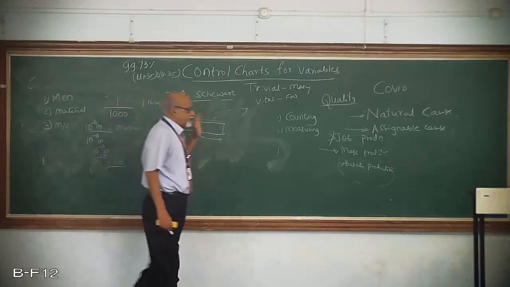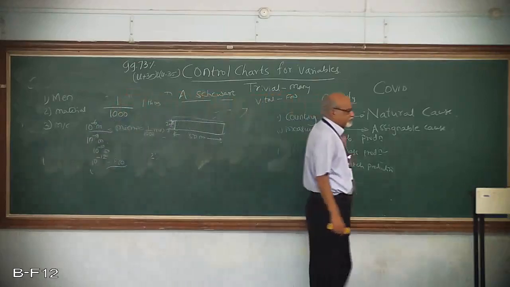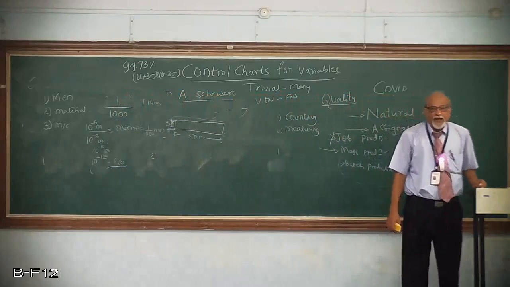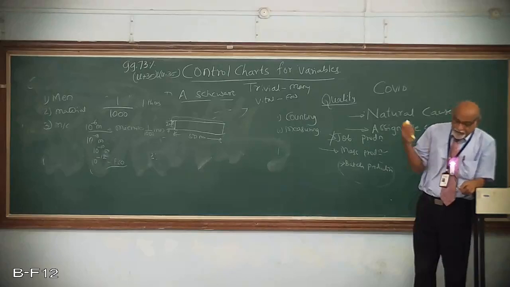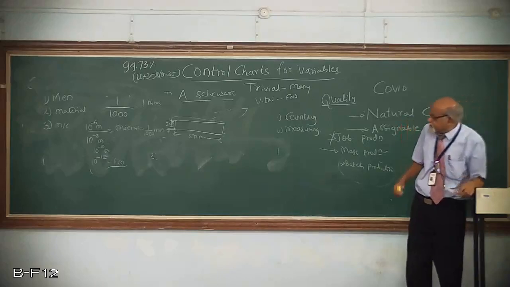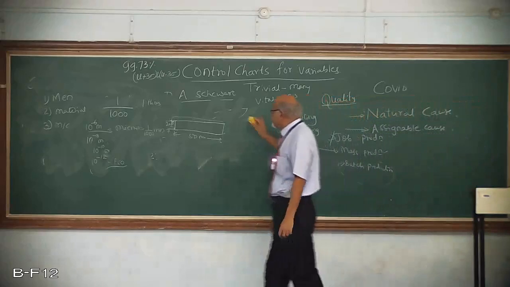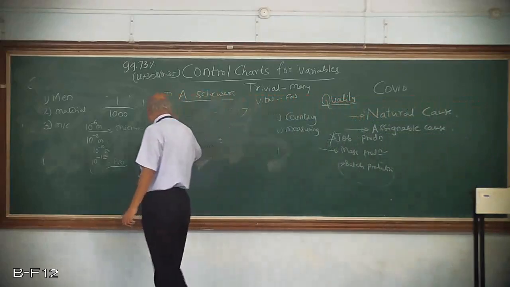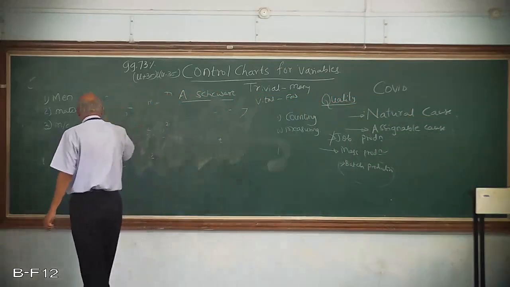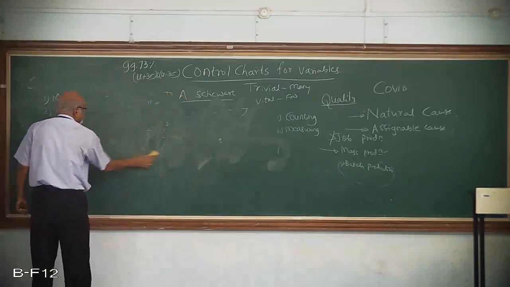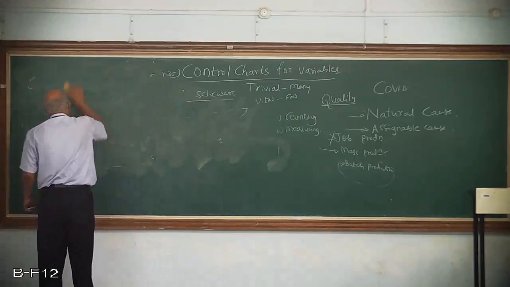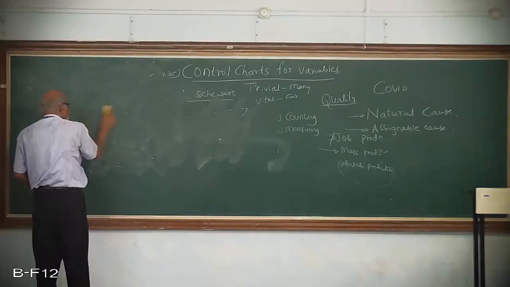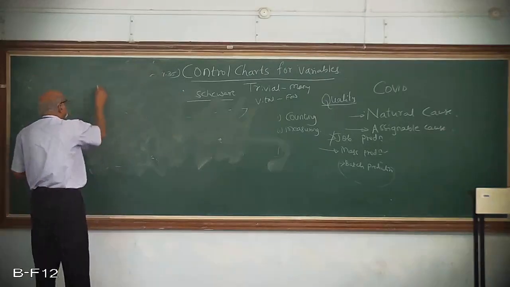In that case, we need to understand what is meant by probability and certain statistical tools we are going to use. Mainly for control charts for variables, we will come across two things. If I look at any statistics, two things are important. One is the average value.